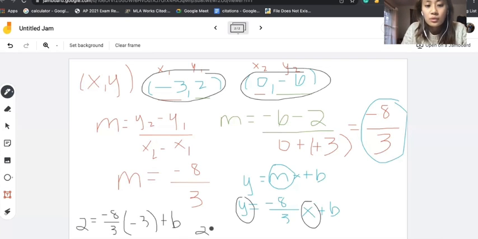What is -8/3 times -3? It's 24 divided by 3, plus b. So 24 over 3 can be simplified into 8 plus b. And if we subtract 8 from the right side, 2 minus 8 is -6. So we get -6 equals b.